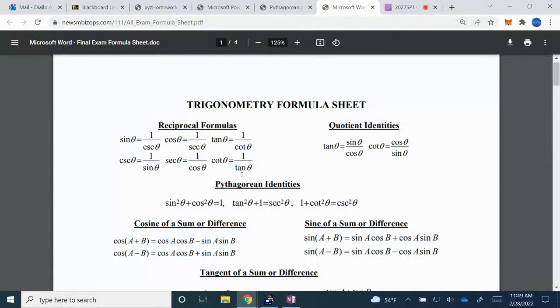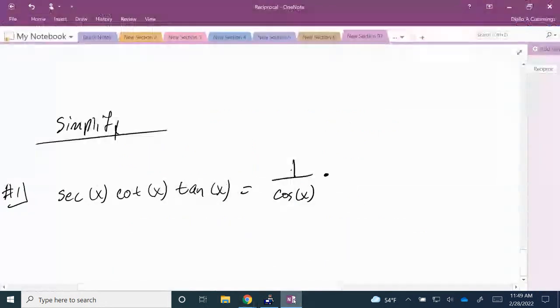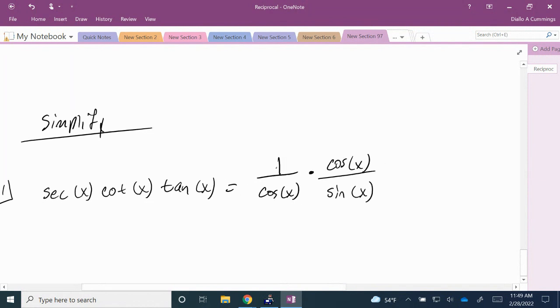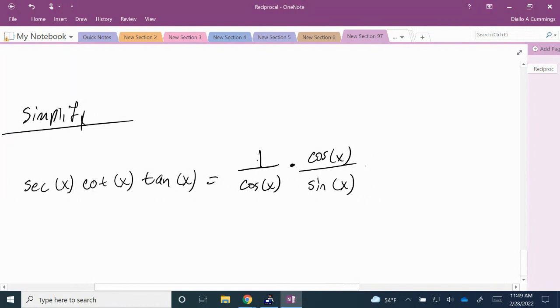But since we want to write everything in terms of sine and cosine, we're going to rewrite the cotangent as cosine over sine. So I want to write the cotangent of x as the cosine of x divided by the sine of x. I'm going to write the tangent of x as the sine of x divided by the cosine of x.